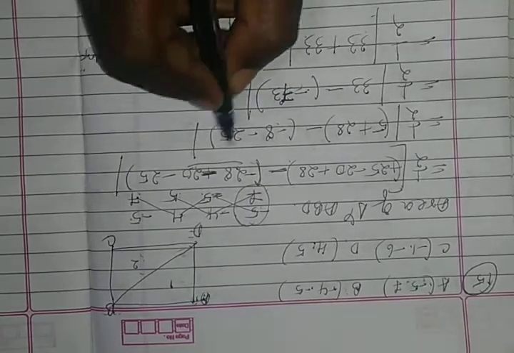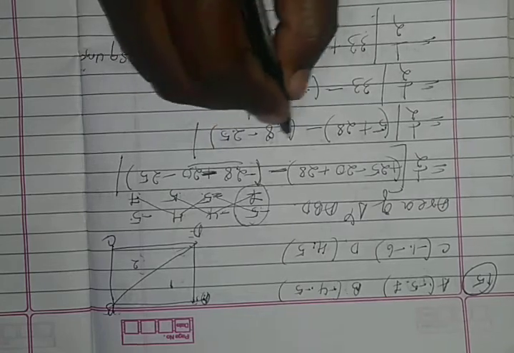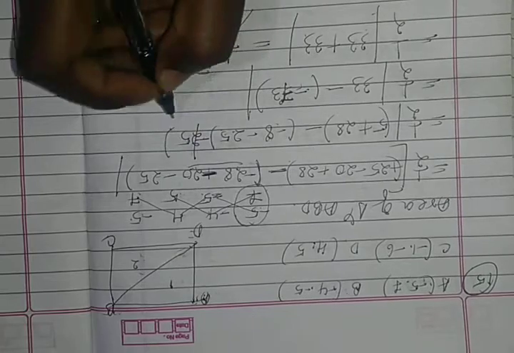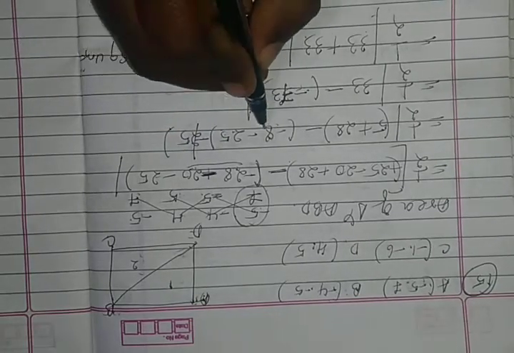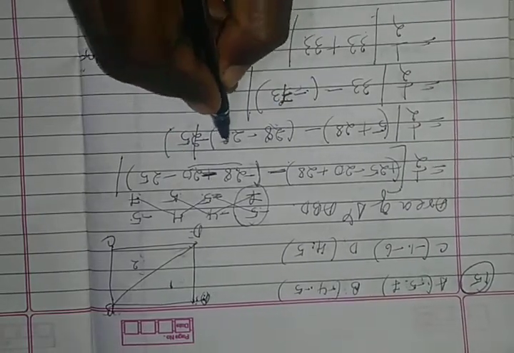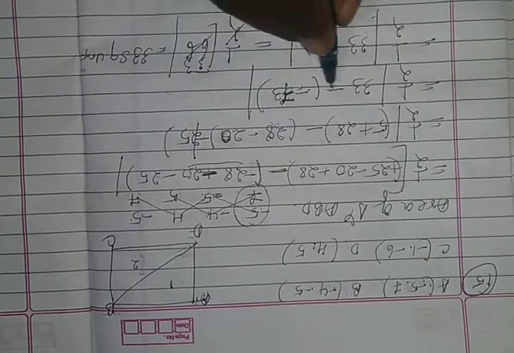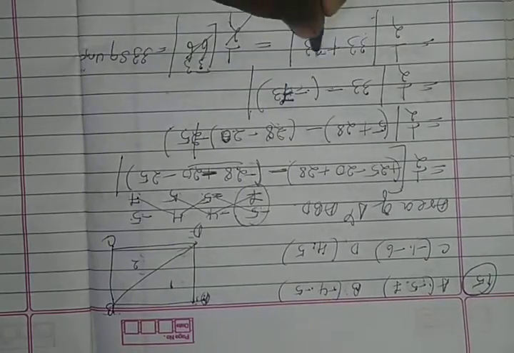Minus 73. So minus into minus is plus 73.